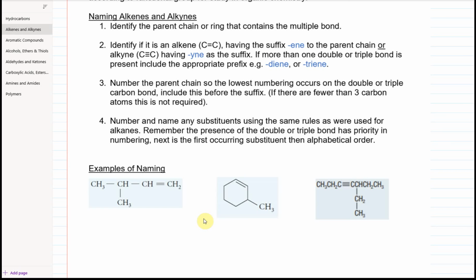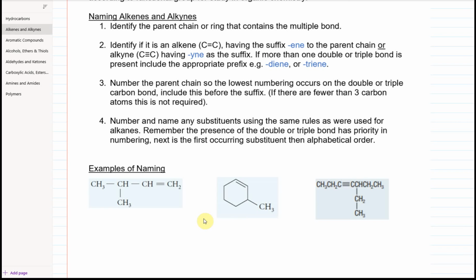When it comes to naming alkenes and alkynes, spend a few minutes and take a look at the naming rules here. Essentially, the double bond or the triple bond becomes the entire focus of the molecule. So when we are looking for the longest continuous chain that contains the double or triple bond, the numbering of the longest continuous chain is based on the positioning of the double or triple bond.